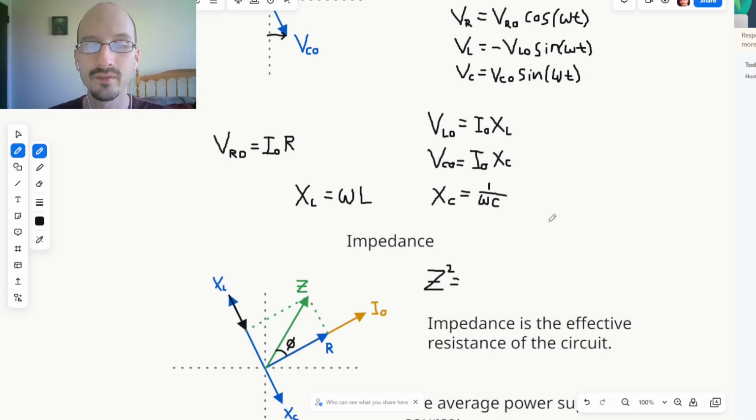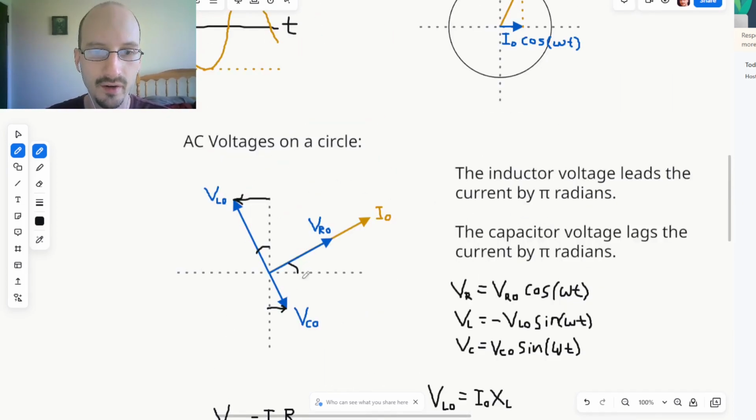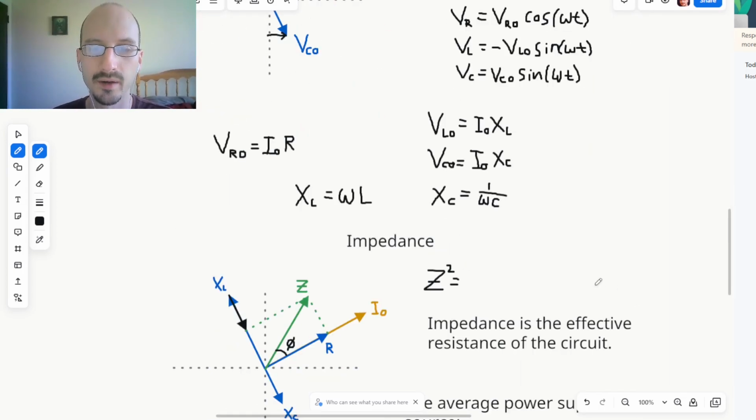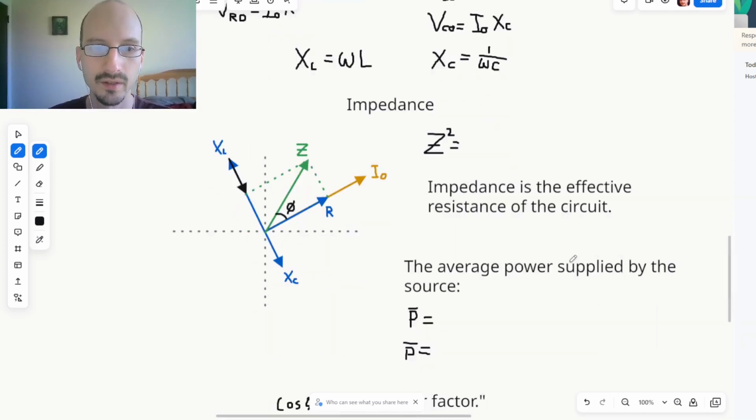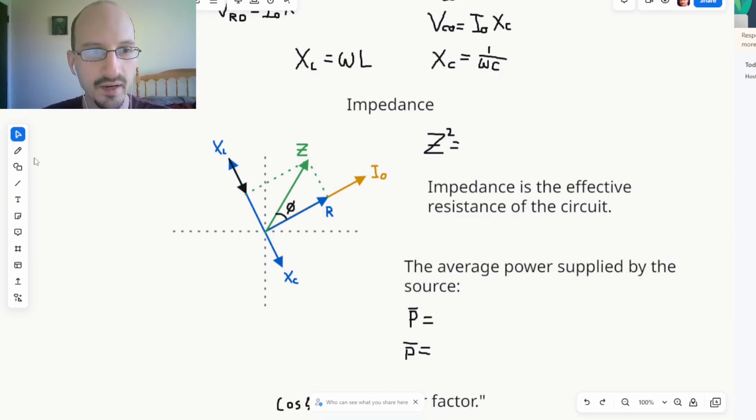All right, now that we've gotten through these phasor diagrams, we can now talk about impedance, which is like the equivalent resistance of the entire circuit, including inductors and capacitors. So over here on the left, we have another phasor diagram. And as you can see, I have plotted not voltages, but resistance and reactance.